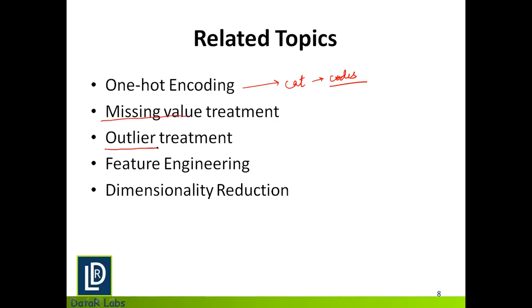We tend to remove outliers, and Winsorization is one of the techniques to do that. In fact, we have spoken about standardization, how it retains the outlier information, and normalization, which completely does away with outliers. So all these techniques are also used for outlier treatment. Then we have a lot of feature engineering techniques which we do on the data before putting it to modeling, and dimensionality reduction is one of those techniques where we bring down the number of features we have in the data.